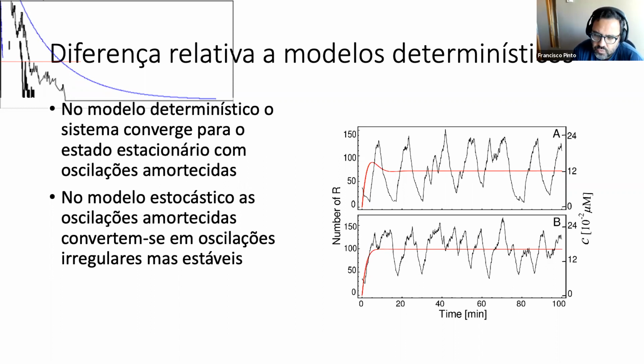The thing is that if you are looking at a system that has a large number of molecules, at least one of the sources of the noise is cancelled out, because it's just being an average of everything. Yes, if you have large numbers, then the rates of the processes converge to the solution of the differential equations.